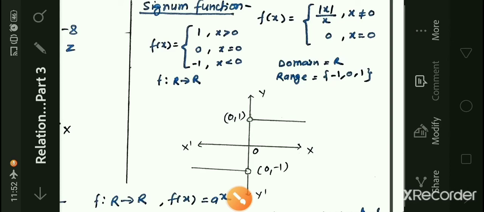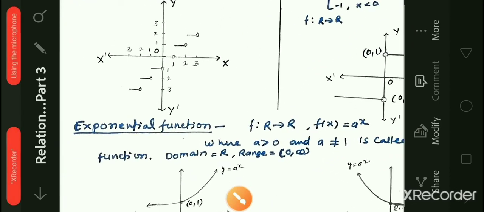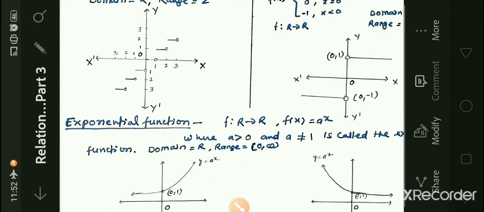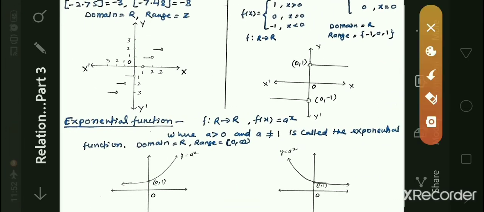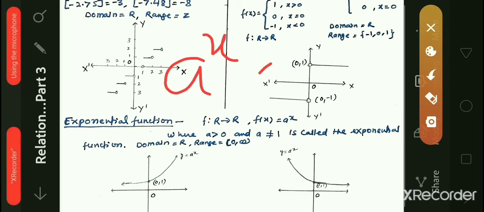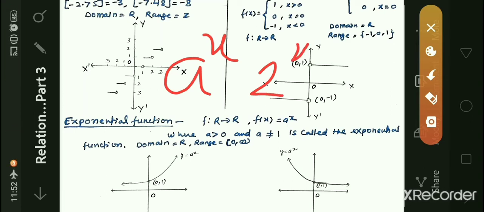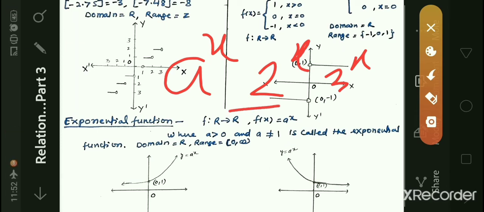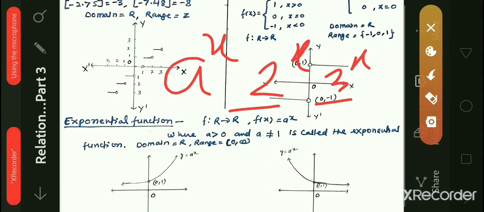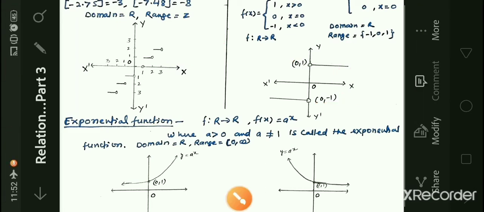Now consider some other functions, that is, the exponential function. As you know, exponential function means any function like this, a to the power x. You can also write 2 to the power x, 3 to the power x. These all are exponential functions, and in an exponential function, domain is always the real numbers and codomain is the real numbers, and we shall study about its range.